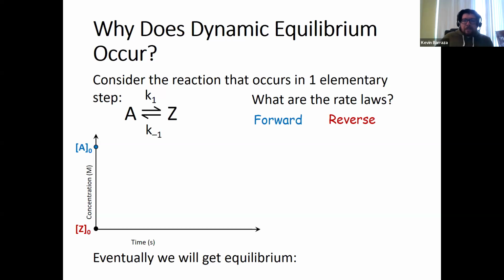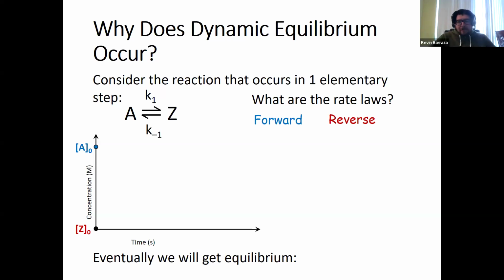So remember how to do that. This is a one-step mechanism. A just goes to Z. So what would we write down for the rate law for the forward direction? And what would we write for the rate law of the reverse direction? R is equal to what rate law?